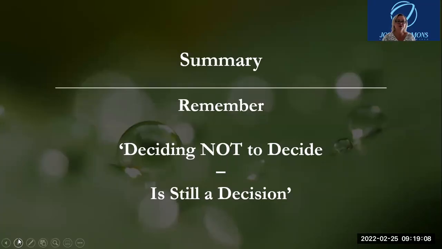So in summary, remember, deciding not to decide is still a decision. I love that. Remember, deciding not to decide is still a decision. So in summary, what it means to find a solution to a problem is constructing a course of action that will transform your current situation into a place where your objective is being achieved.